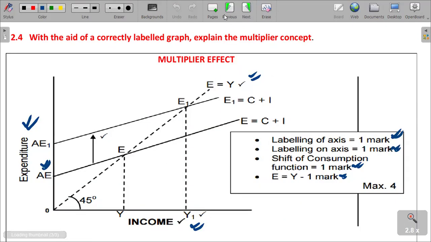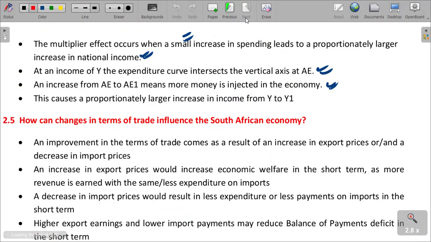An increase in expenditure, AE to AE1, also results in a proportionately large increase in income. As you can see, our income increases, resulting in a proportionately large income into the economy. In other words, from AE to AE1, more money is injected into the economy, and this causes a proportionately large increase in income from Y to Y1.